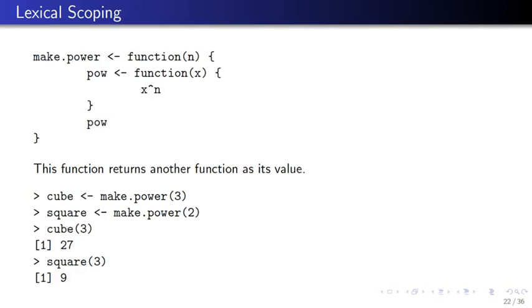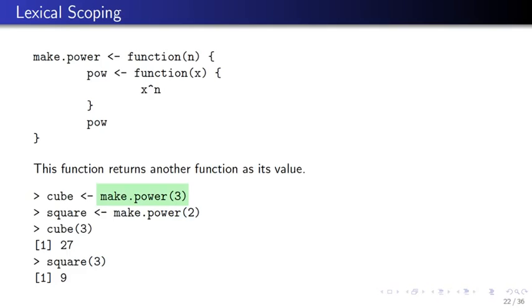You can see inside the pow function, x is a function argument, so that's not a problem. But n is a free variable because it's not defined inside the pow function. However, n is defined inside the make.power function, and since that's the environment in which pow is defined, the pow function will find the value of n inside that other environment. So I can call make.power and pass it a number like 3, and it will return a function which I'll assign to be called cube.